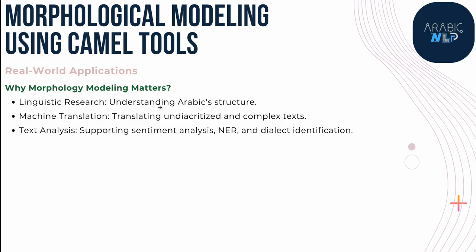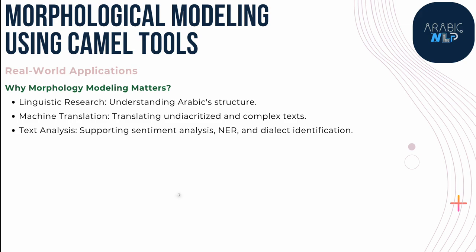So why does that matter? Actually, morphology modeling is essential for a variety of real-world applications, right? So from linguistic research to machine translation and text analysis, and CAMeL Tools actually makes this process accessible and efficient.